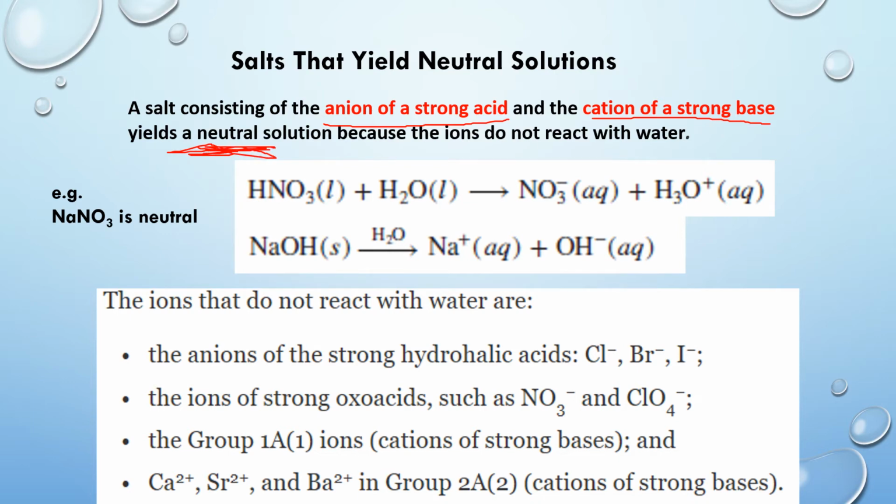For example, take sodium nitrate. The nitrate is from a strong acid, because nitric acid is a strong acid, so this nitrate will not react with water. It will be hydrated, surrounded by water molecules, but it will not react with the water molecule as a weak acid or weak base does.